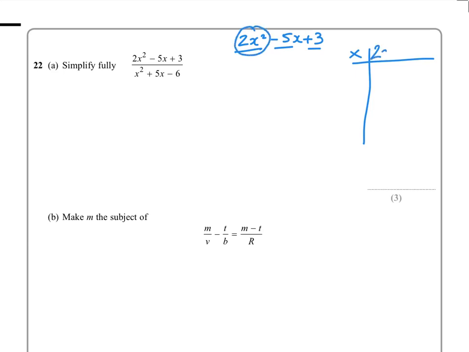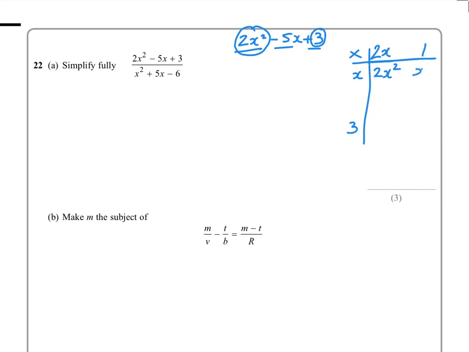So you could have 2x in one of the brackets and x in the other, and then multiply those together and get 2x squared. Now in the bracket where you've got 2x, you've got choices. You've got factors of 3, which is nice because it's a prime number, so it's only going to have 1 and 3. So you could put the 1 here and the 3 here and give it a try.